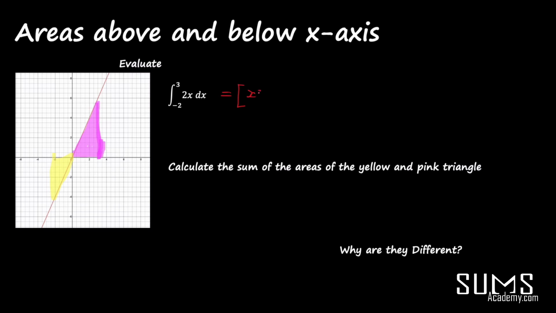So it's x squared between -2 and 3, which is equal to 3 squared minus 2 squared, which is equal to 9 minus 4, which equals 5.